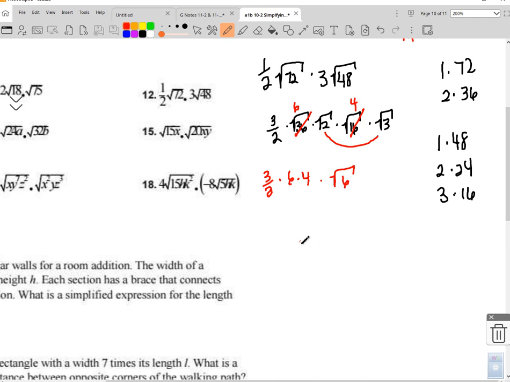Yes. So 3 ABC 2 times 6 times 4, you should get 36. And that 36 times the square root of 6 is just written 36 square root 6. Any questions?